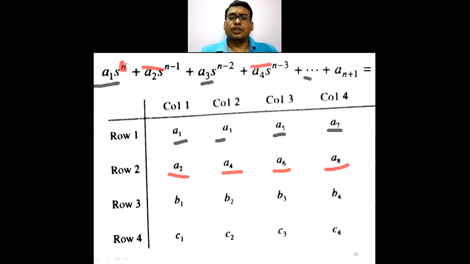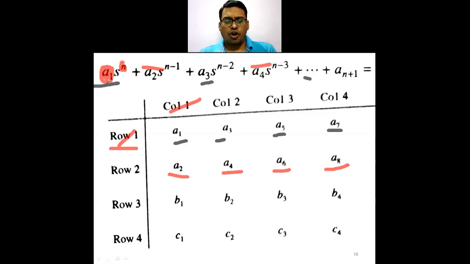Now you have to draw the columns and the rows. The first row will incorporate all the odd coefficients, and the second row will incorporate all the even coefficients. The coefficients of the odd terms are a1, a3, while those of the even terms are a2, a4, a6.